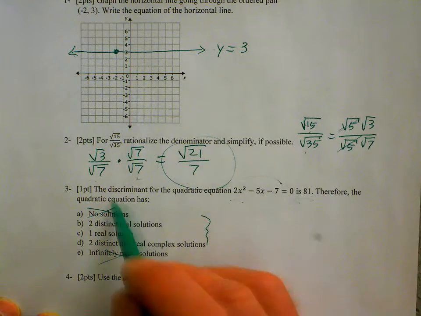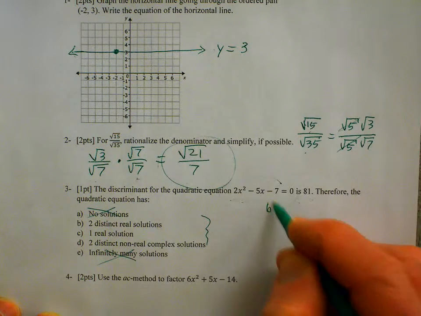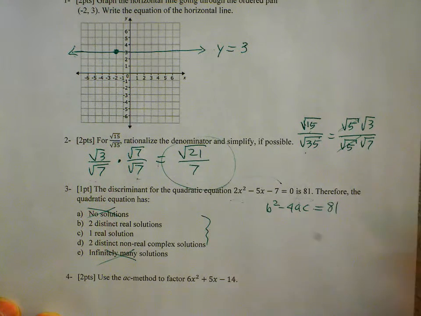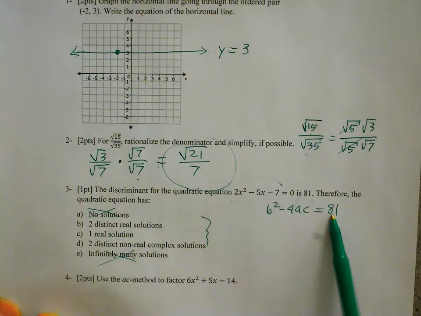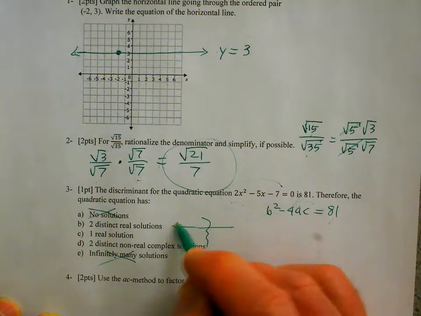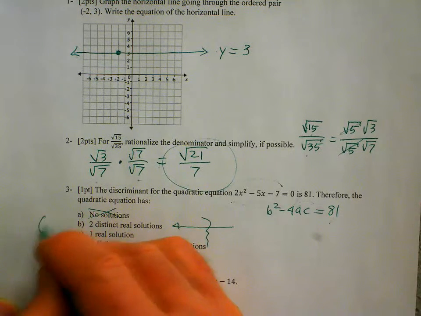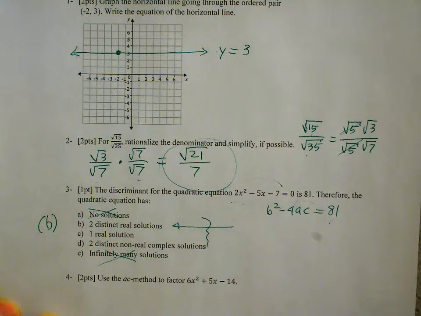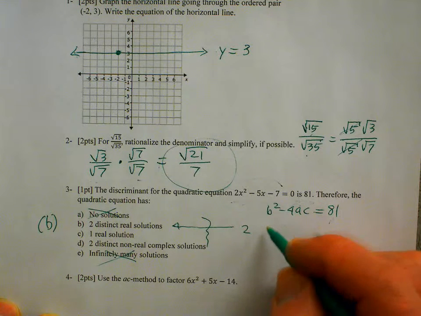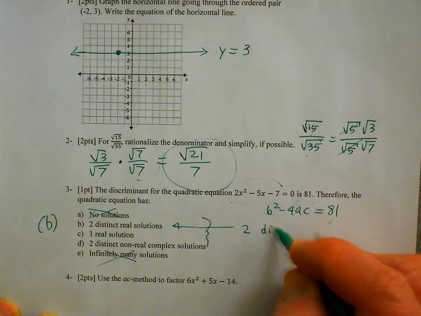But remember, the discriminant is b squared minus 4ac. That's the number that's inside the square root. If that number is positive, it means there are 2 distinct real solutions. So part B is the correct choice: 2 different real solutions.